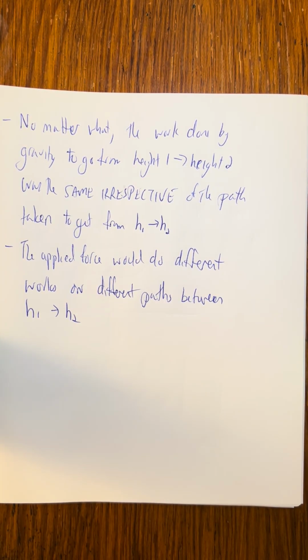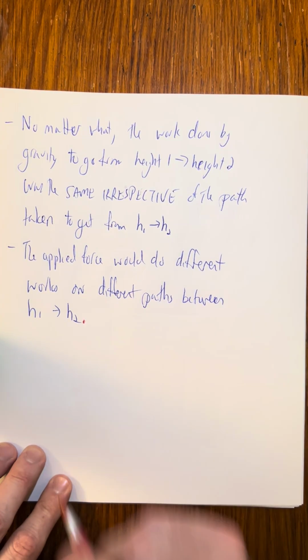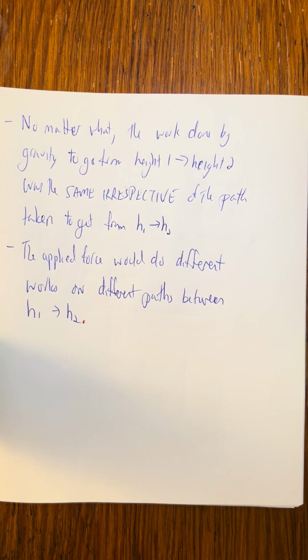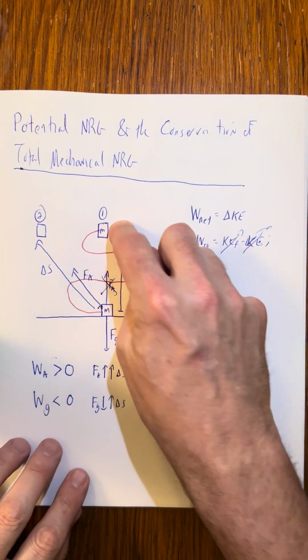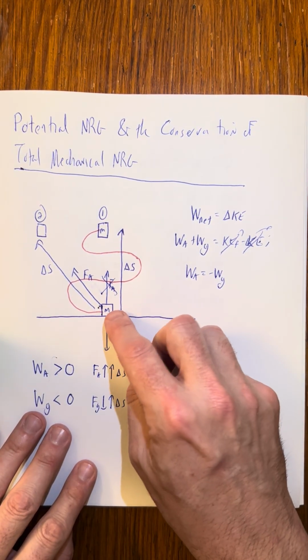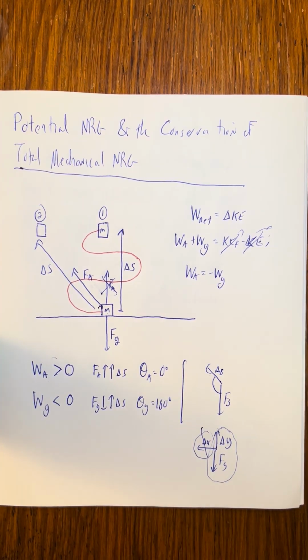Therefore, for gravity, since it's the same work that gets done going from height 1 to height 2, there's something special about each height. I could write an equation that says something about this position and this position, that no matter what, going from here to here, it's the same amount of work done.